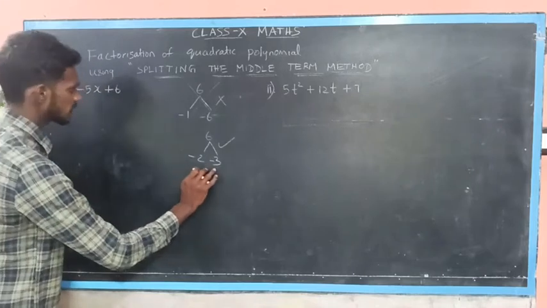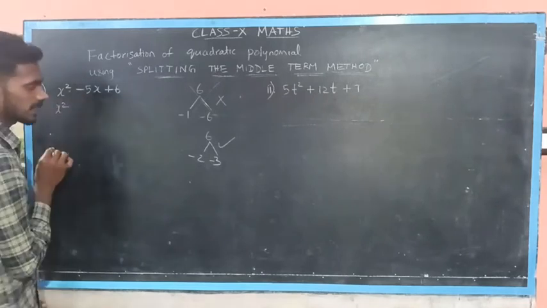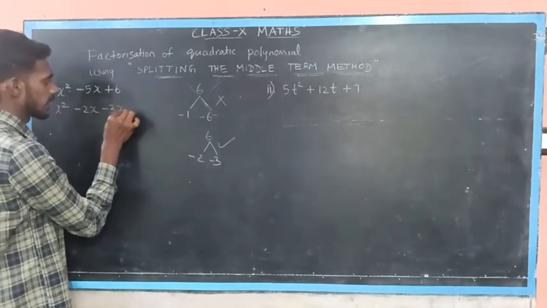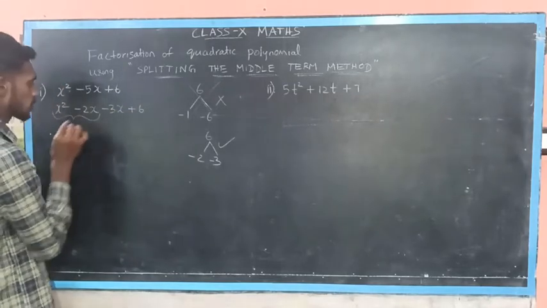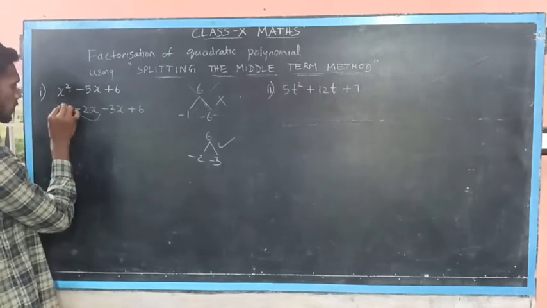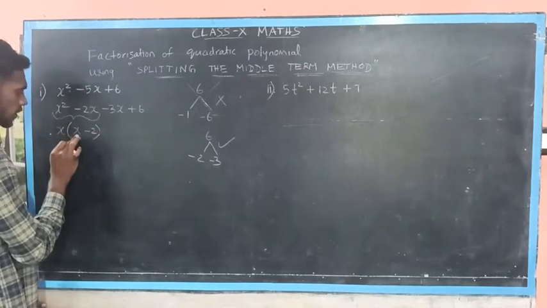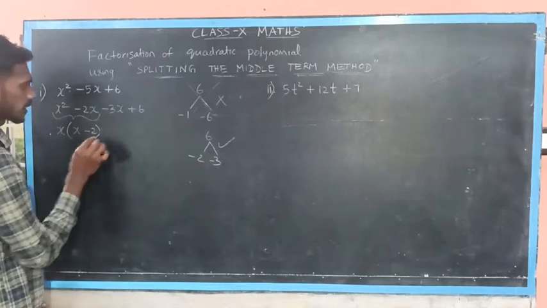With these factors I am going to split the middle term. So −5x can be split as −2x − 3x + 6. From these two terms I am going to take x as common, so it becomes x(x − 2). See here, x into x is x², x into −2 becomes −2x.